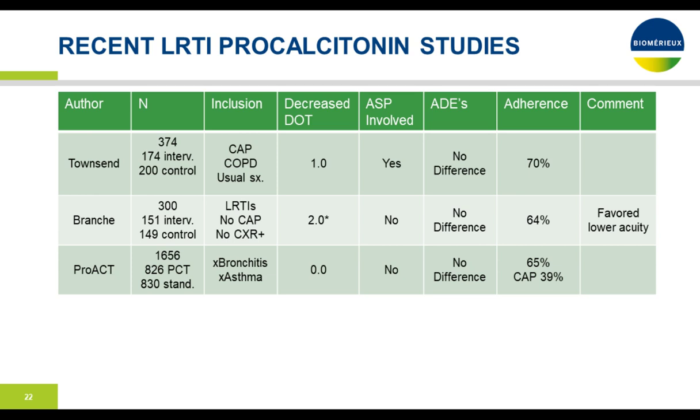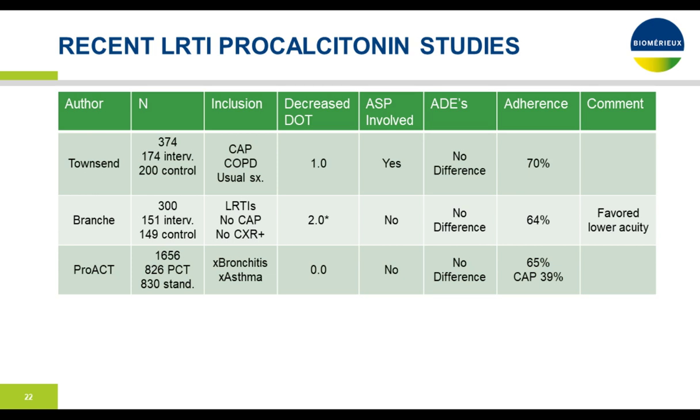Her primary outcome was median antibiotic duration, and her results were a 1-day decrease in antibiotic duration. Now, I applaud Dr. Townsend because when you look at her inclusion criteria, she took pneumonia patients and COPD patients. This was not a low acuity group. Her pneumonia patients, 47% of them had a CURB-65 of 2 or greater, and her COPD patients, 41% were graded at either severe or very severe.